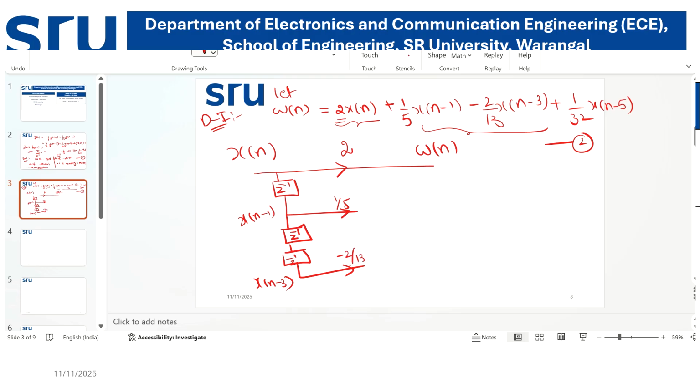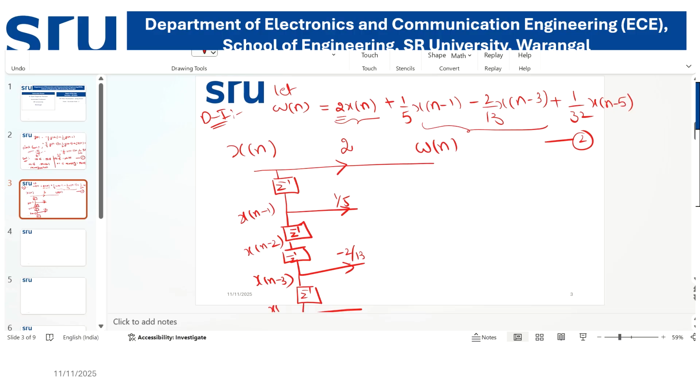The term x of n minus 2 has no coefficient, the coefficient is 0, so there is no connection. Then again, to generate x of n minus 5, 2 delay elements give x of n minus 4, and one more delay element gives x of n minus 5. The coefficient for x of n minus 5 is 1 by 32.